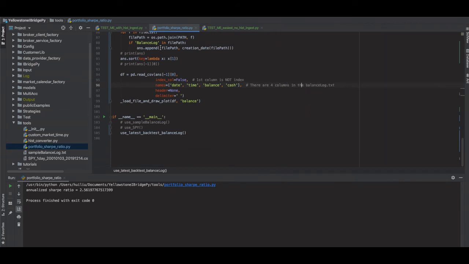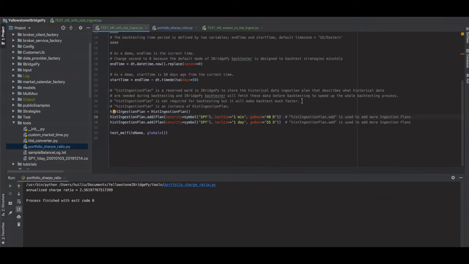Then there's still something we can improve actually. What if I run this strategy again? What will happen? So IBridgePy backtester will retrieve the exactly same historical data and run the simulation.